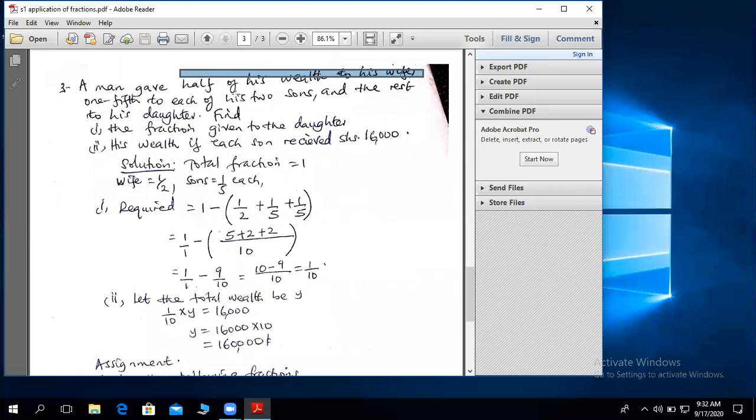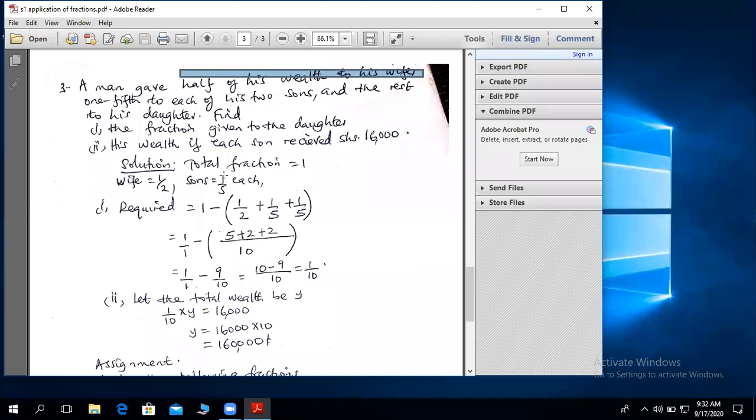So I was telling you the total fraction of the wealth of the parent is 1. So the wife takes a half, then he has 2 sons, each one of them takes 1 out of 5.